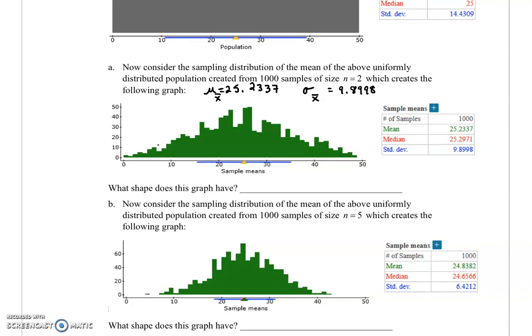If you look at this distribution, it's starting to look approximately normal. So it's not quite, because it's got a couple of peaks and a dip between them. So it's, I would say, sort of normal.